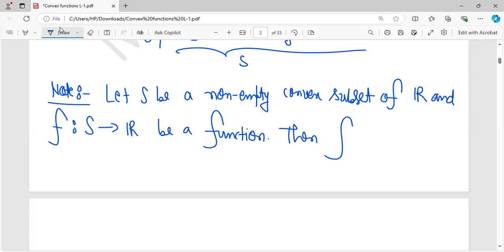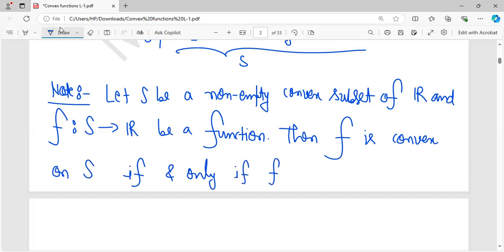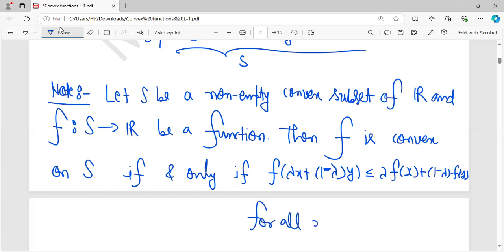Then f is convex on S if and only if f of lambda x plus 1 minus lambda y is less than or equal to lambda f of x plus 1 minus lambda f of y, for all x, y belongs to S, x not equal to y, and lambda in this range.